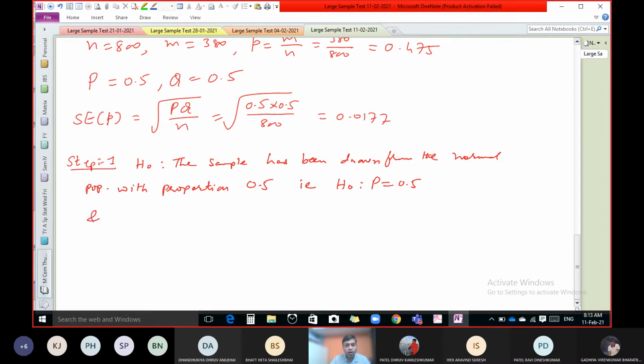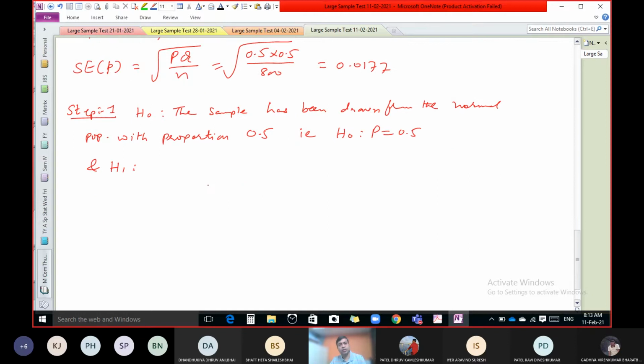So what do we have to write in the alternative hypothesis? If we write H naught: P equal to 0.5, what do we have to write as the alternative hypothesis according to the claim?